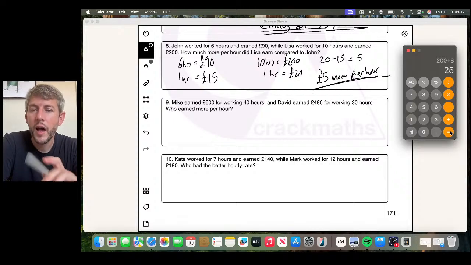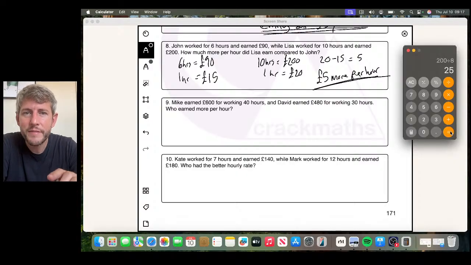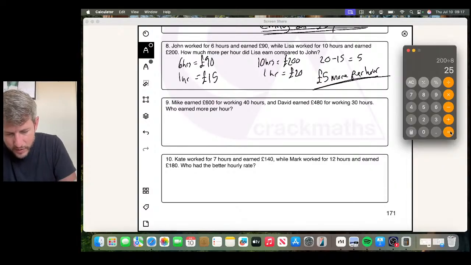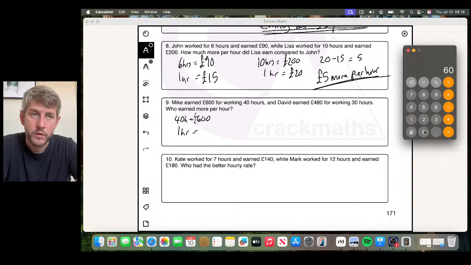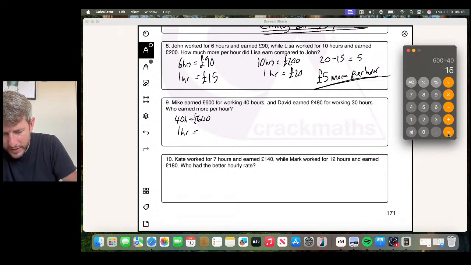Okay, here we go. Question 9. Mike earned £600 for working 40 hours and David earned £480 for working 30 hours. Who earned more per hour? Okay, so let's do Mike first. 40 hours equals £600. So 1 hour equals 600 divided by 40. I think that's 15. Yep, so he gets £15 for 1 hour's work.